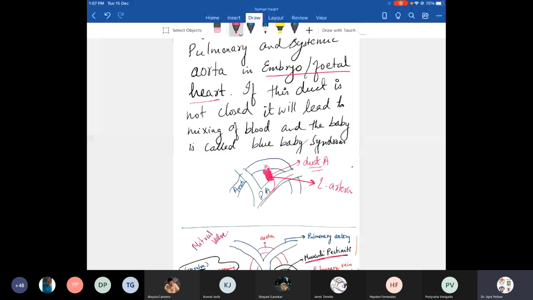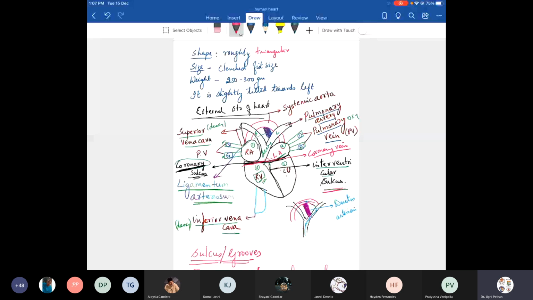Got the point? If this is not closed after the baby is born, there is a mixing of oxygenated and deoxygenated blood that leads to blue baby syndrome. If you look at the heart diagram, you can see the ductus arteriosus. After getting closed, it's called ligamentum arteriosum.